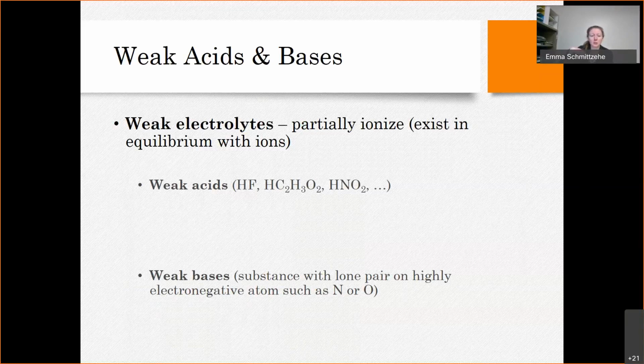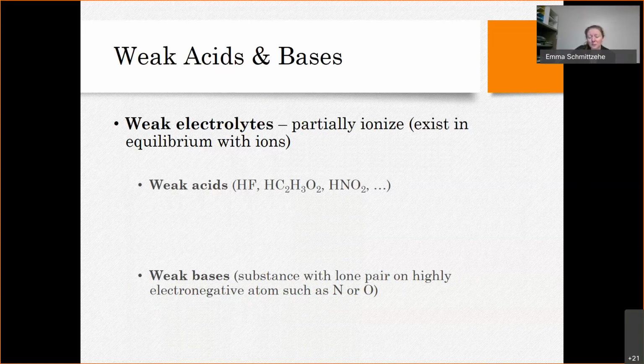But for the weak bases, that is a little different. These are the substances that you might not immediately realize are a base, because usually the bases that we deal with are hydroxides. But in this case, our weak bases could be the hydroxides of other elements that we didn't talk about on the previous slide.